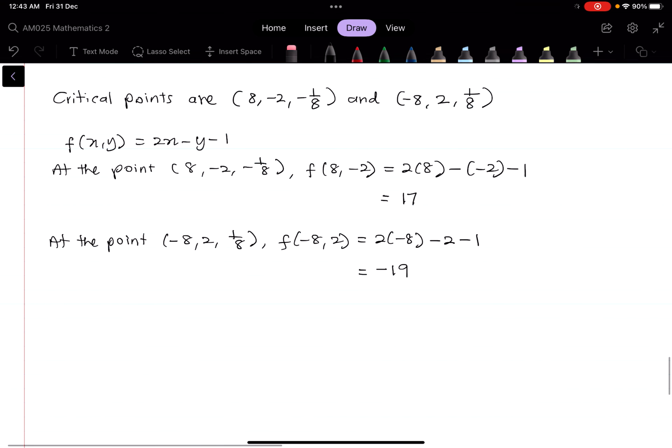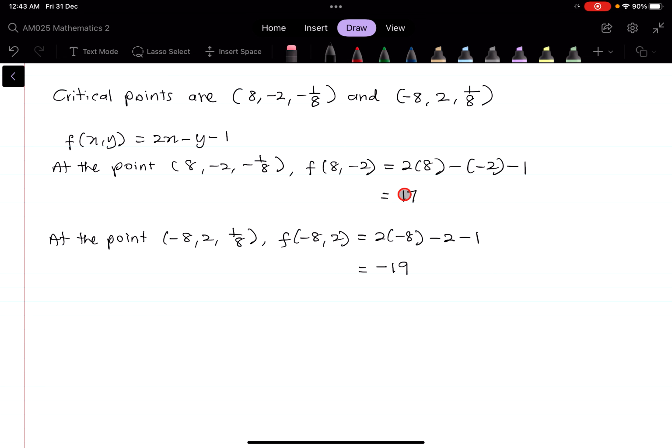So we can see here that 17 is of course greater than negative 19.